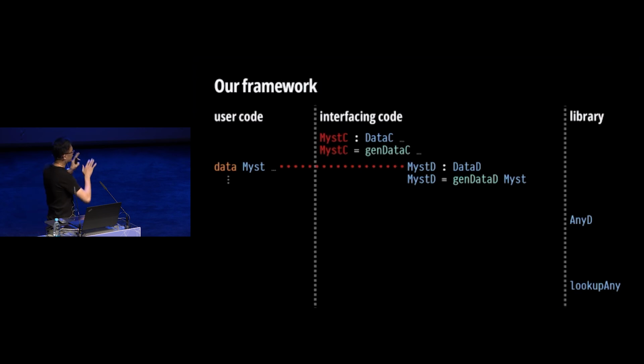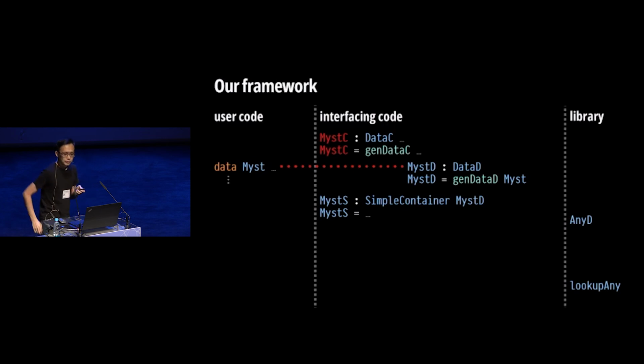And specifically for NED, we need one more piece of information. That is, we need to tell NED where in MIST we want to point to. That's the red circle we saw back there. And to specify that, here we're giving a proof that MIST-D is actually a simple container. You can find the definition in the paper.